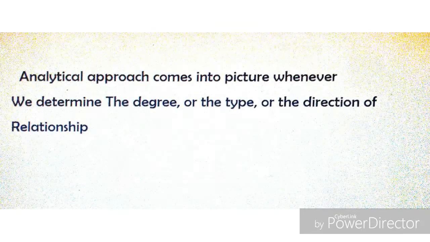Now, why do we use analytical method? The analytical approach comes into the picture whenever we have to determine the degree or the type or the direction of relationship existing between two or more phenomena under a given context.